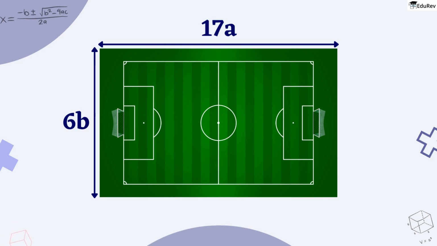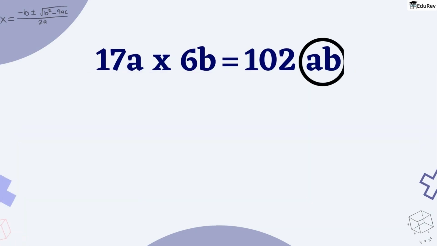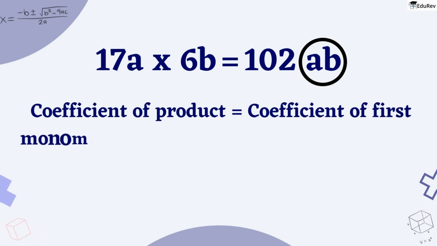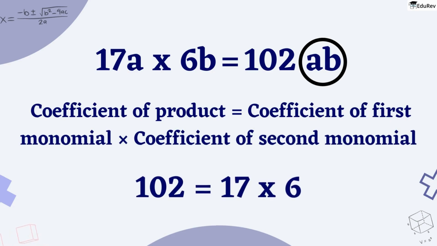So the area will be 17a into 6b, which is equal to 102ab. Note that we multiplied the coefficients together. In algebraic expressions, we multiply the like terms together. That is, the coefficient of a product is equal to the coefficient of the first monomial into the coefficient of the second monomial. That means 102 equals 17 into 6.